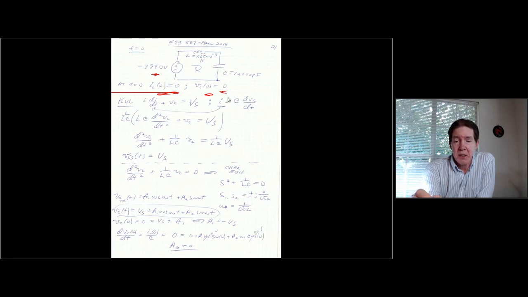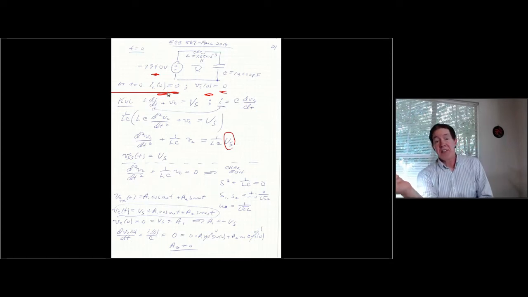I can divide both sides of the equality by LC, and this gives me the second derivative of voltage plus 1 over LC times voltage is equal to 1 over LC times Vs, where Vs is the minus 7,940.